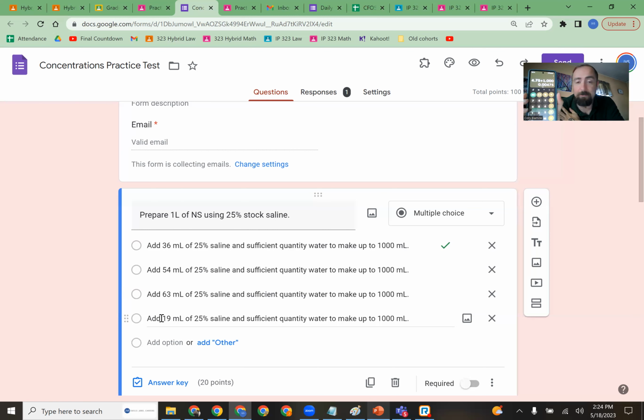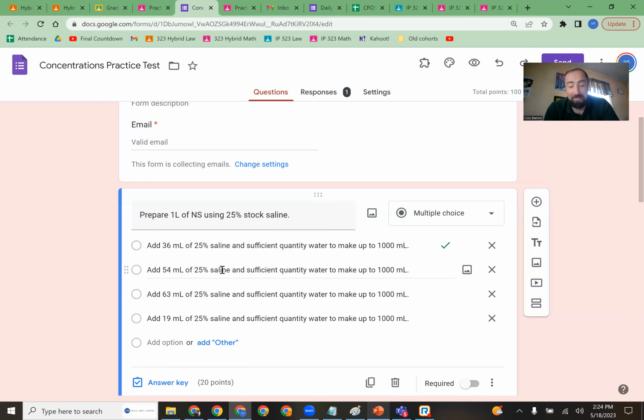That's not normal saline. Then we'll try number 2, 54 times 0.25. So this second multiple choice answer has 13.5 milliliters of saline. As a percent of the total, 0.0135. No, still not it.